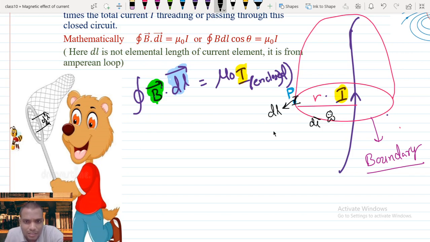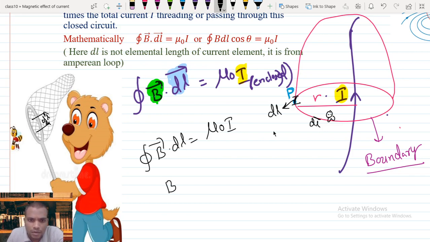Now to find the total magnetic field, in this formula what shall I do? So closed integral B bar dot dl equal to mu naught I, current which is enclosed. Now B bar is a non-integrable term. I need to do B bar times closed integral dl. So dl is also a vector, equal to mu naught I. Now B bar, now closed integral of dl.